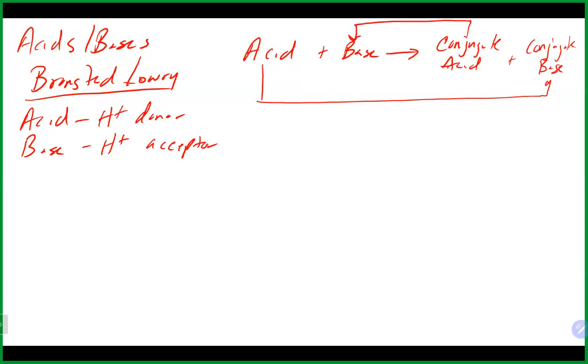And the difference, as we talked about, should only be one H plus difference. Again, the acid here is going to send that H plus over to the base. So the conjugate base will have one less H plus than the acid started with. And the base will accept the H plus, which means the conjugate acid there will have one more H plus.